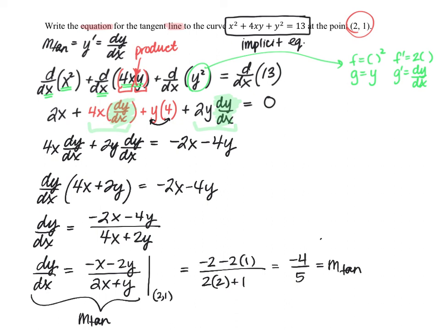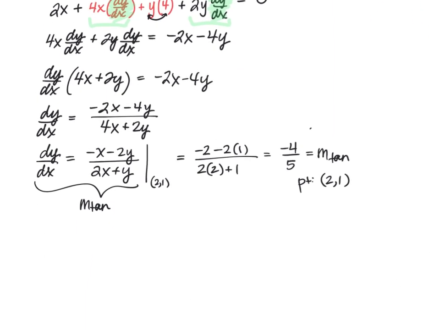So then to finish this off, we want to actually write the equation for the line. And remember, we know the point on the line is the point (2, 1). And since that point is not the y-intercept, this is where I would go ahead and use point-slope rather than slope-intercept form.